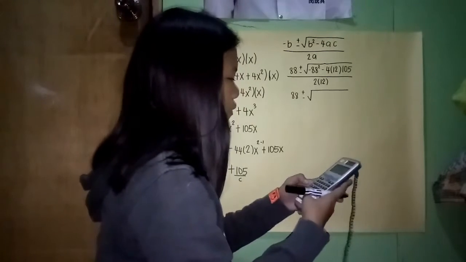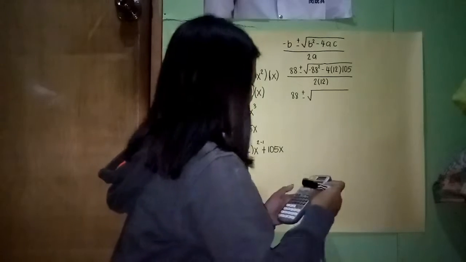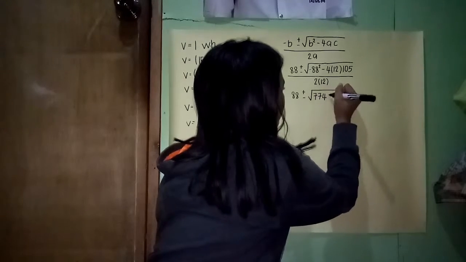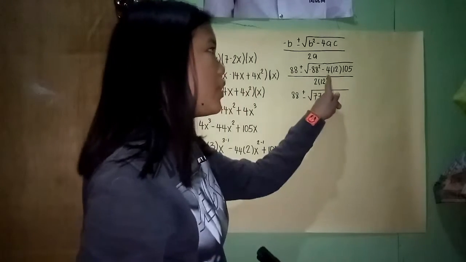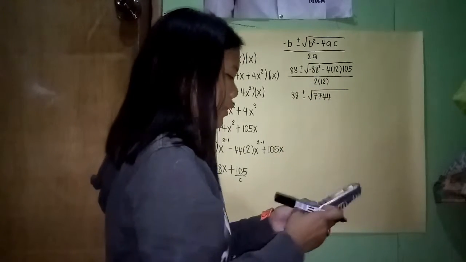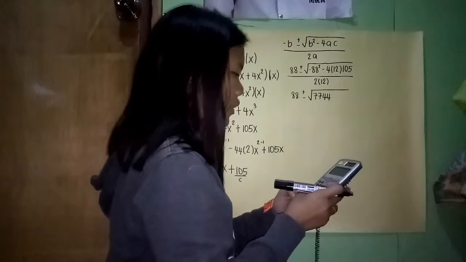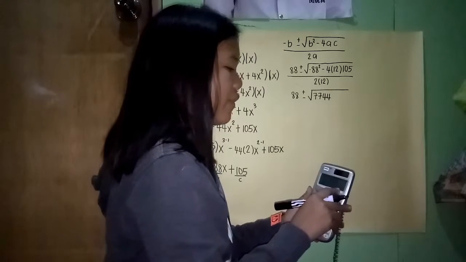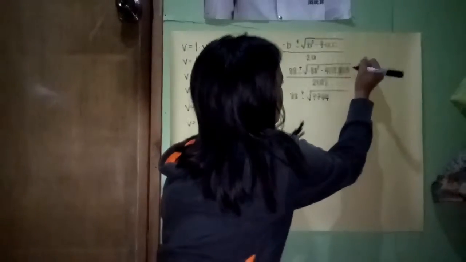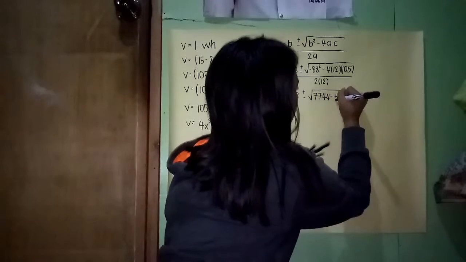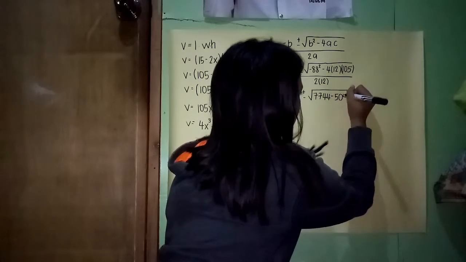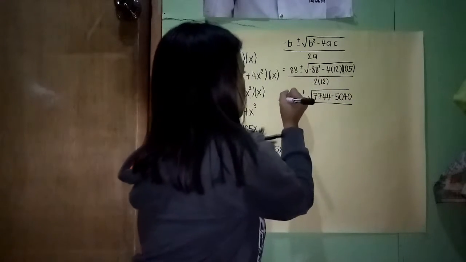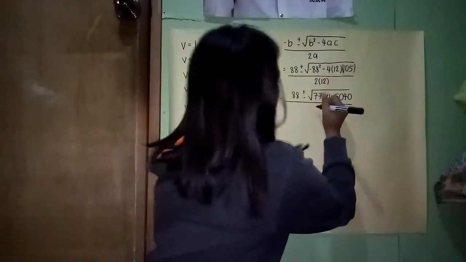Now negative 4 times 12 times 105 is equal to negative 5,040. And 2 times 12 is equal to 24.